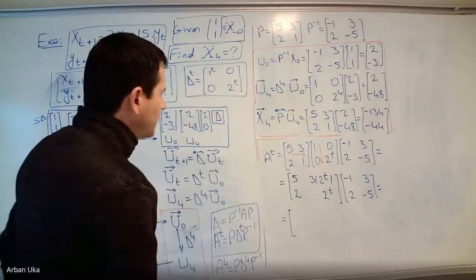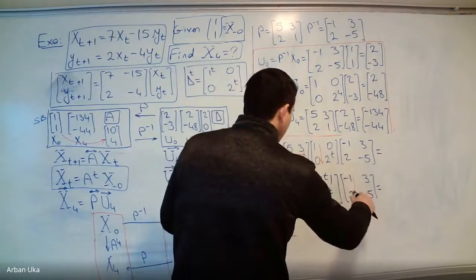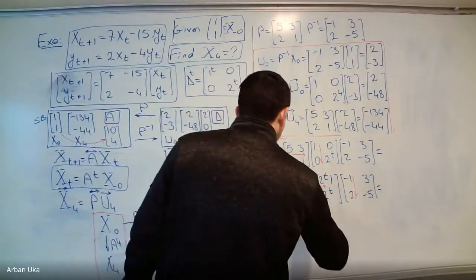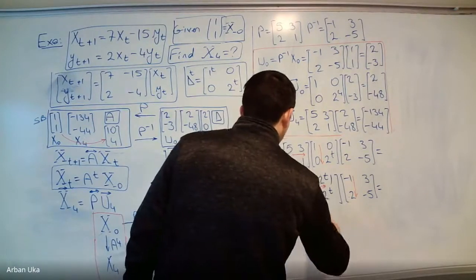So we get minus 5. Again, we multiply the first row here with the first column here. We get minus 5 plus 6 times 2 to the power t.